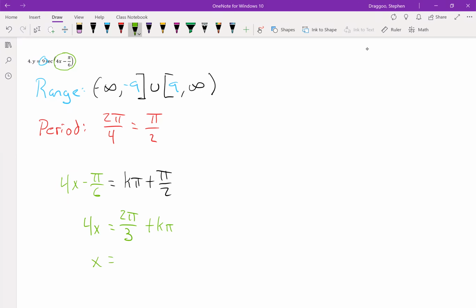And we get pi over 6 plus k pi over 4. Or if we wanted to simplify that, 2 pi plus 3k pi over 12.